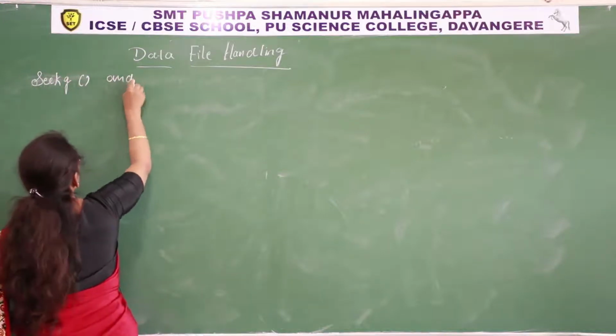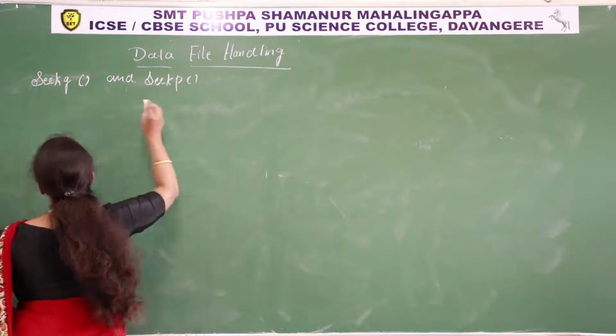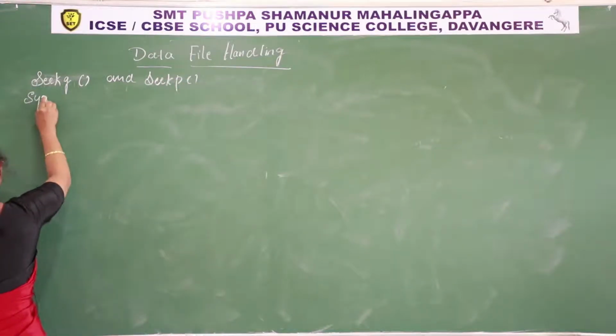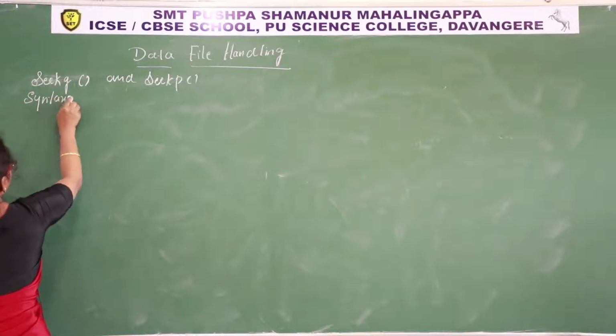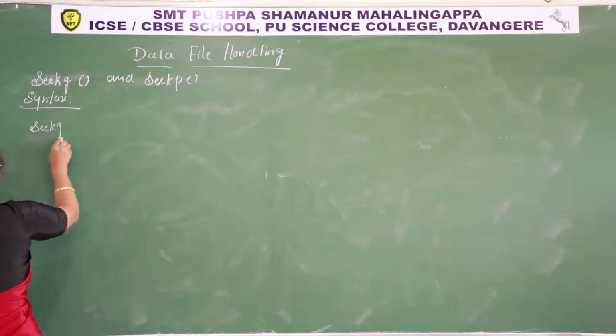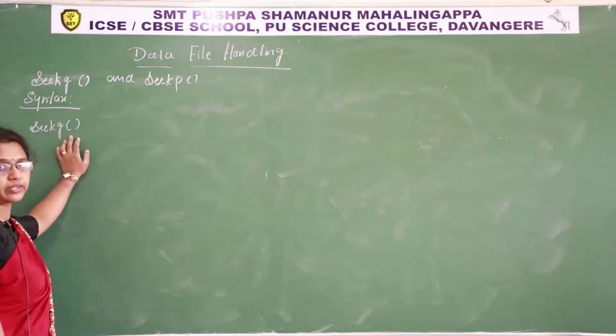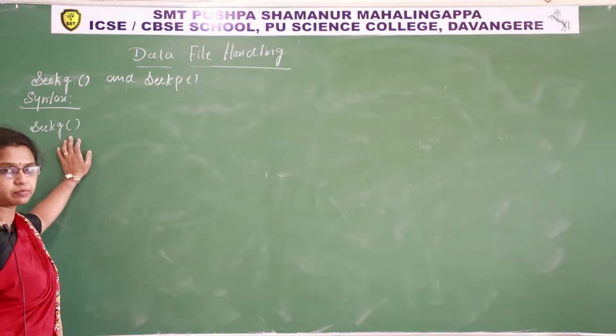seekg and seekp syntax. Seekg is a member function of which class? It moves a get pointer, no? So it belongs to the ifstream class.